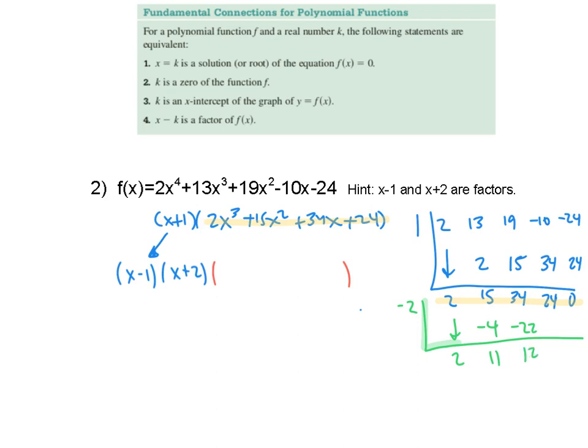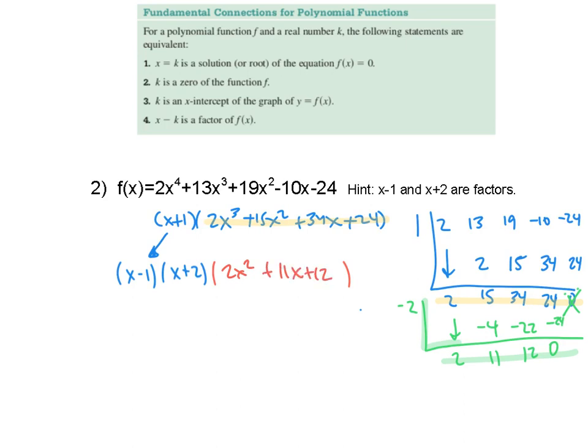Add, I get 12. Multiply, I get negative 24. And add, I get 0. Again, we knew our remainder was going to be 0. What's important now is we have 2x squared plus 11x plus 12.